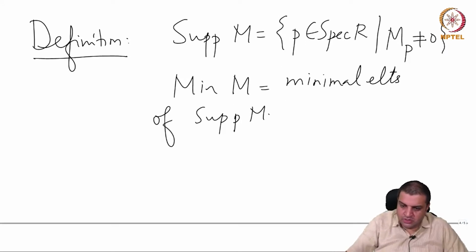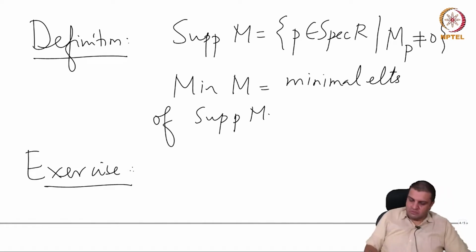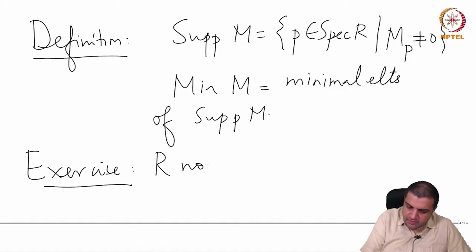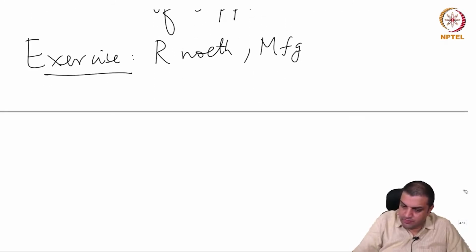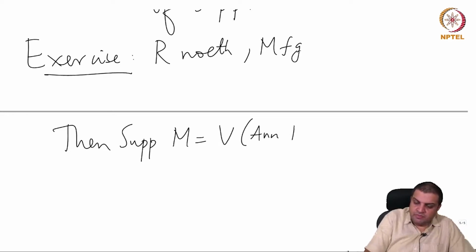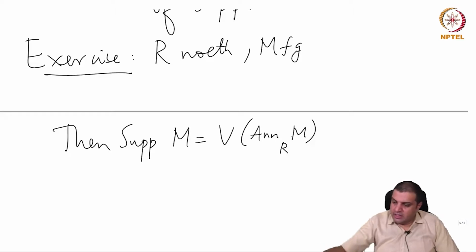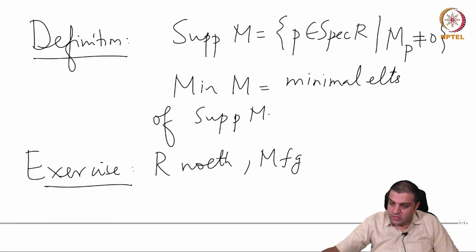Okay. So this is just a definition, and here is an exercise. R Euclidean, M finitely generated, then support of M is V of the annihilator of M. Annihilator of M is the elements of R that kill all elements of M. This is an exercise which you should do.